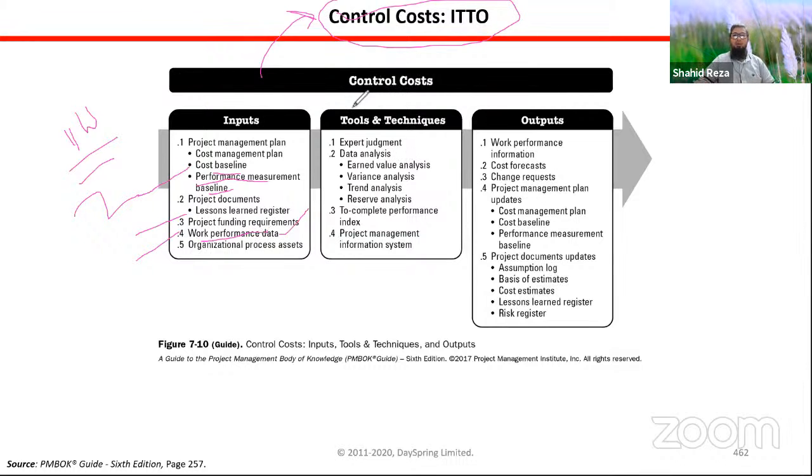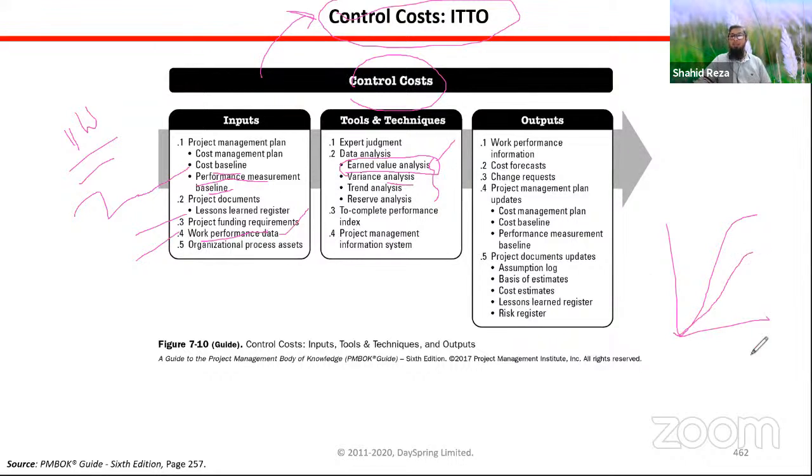So what are the tools we will use in control cost or any control process? Generally, we see this kind of data analysis tool. Earned value analysis I will discuss in detail, so I am now skipping this. Variance analysis. See, the S-curve can also show you the variance, right?